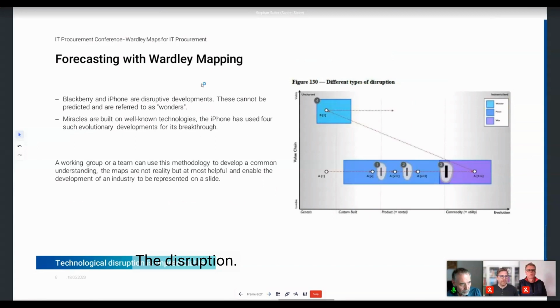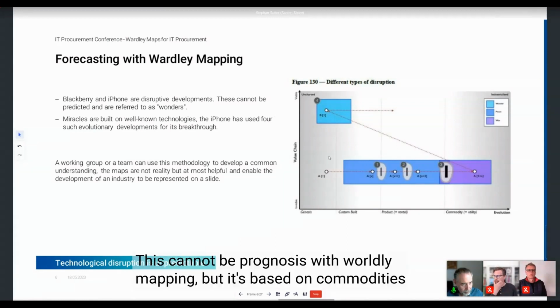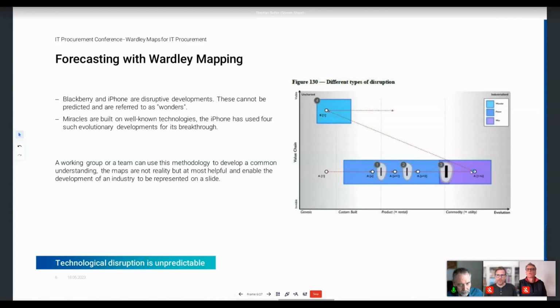Disruption, like BlackBerry and iPhone, was a kind of disruption. This cannot be prognosticated with Wardley mapping, but it's based on commodities.